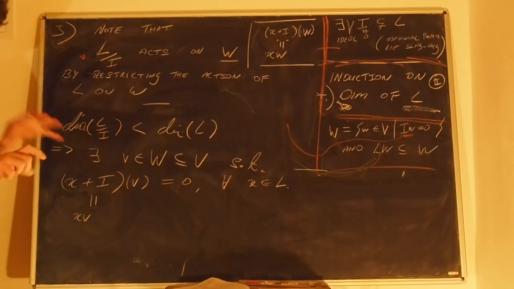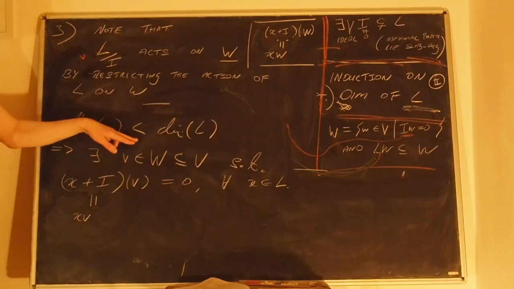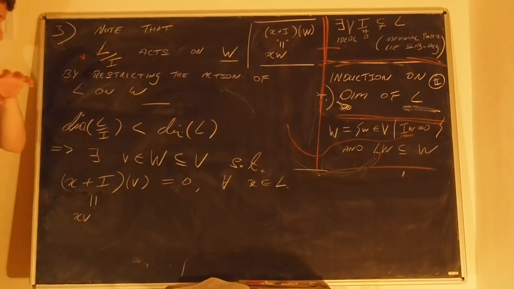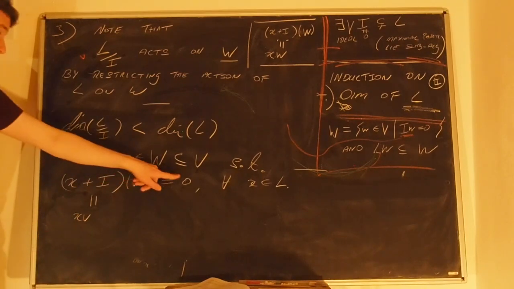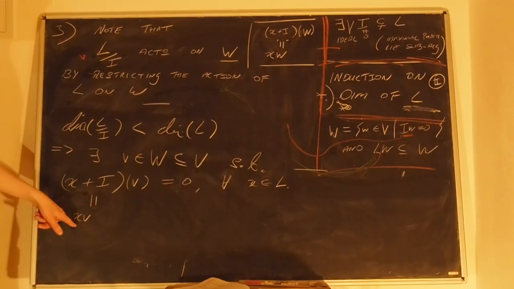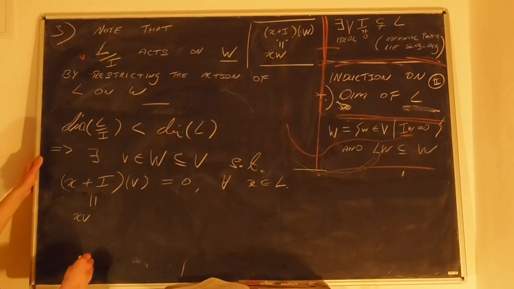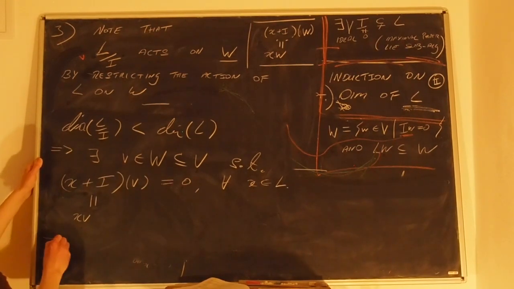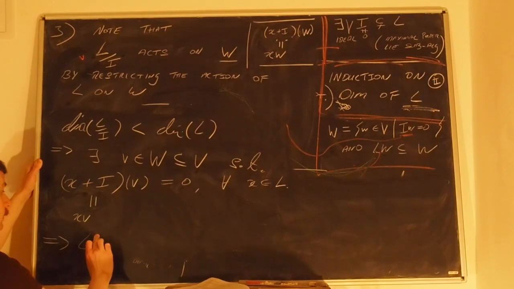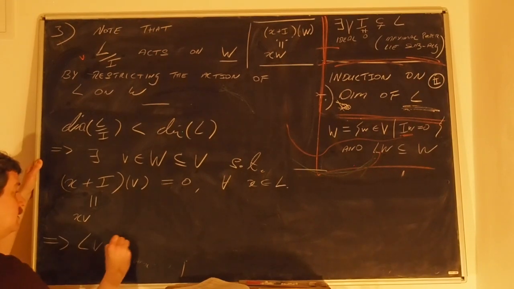So remember, there are no cosets inside of the representation space. This is a genuine subspace, not a quotient space, a subspace of W. So for this to hold, which holds by the induction assumption, that means that this has to be equal to 0. Which of course means that for every x in L, L operating on v is equal to 0.